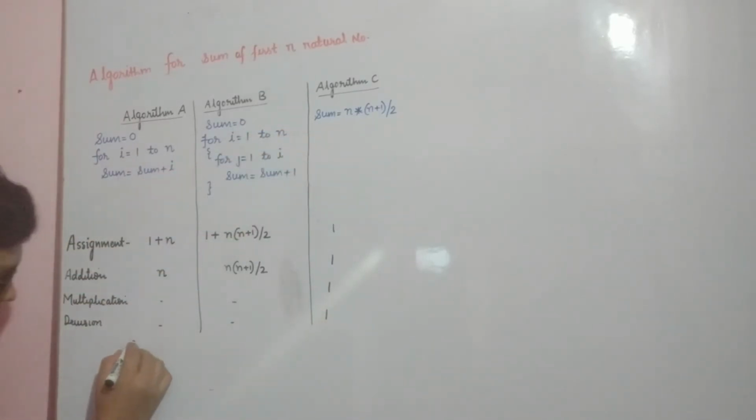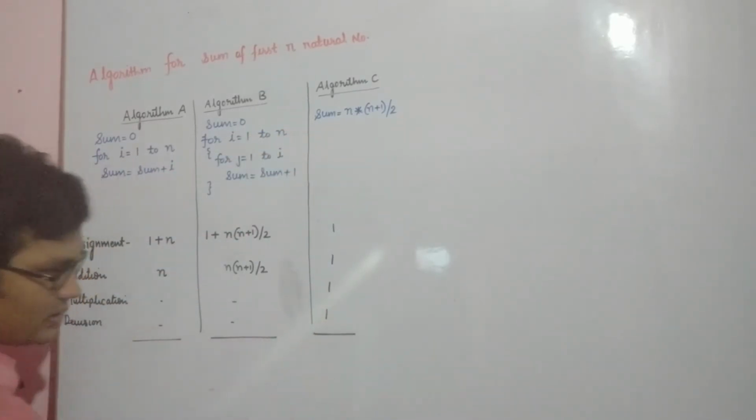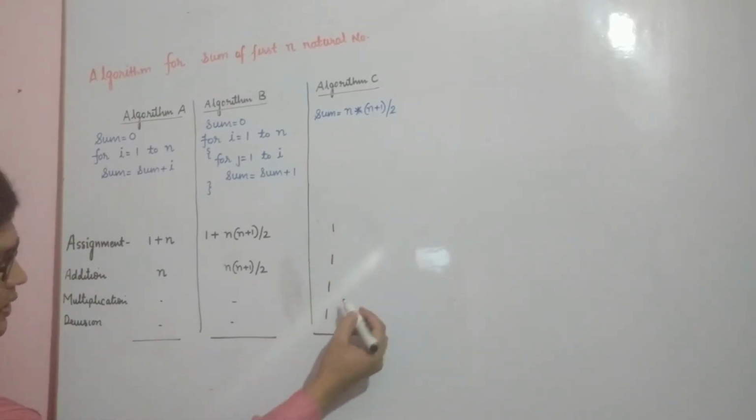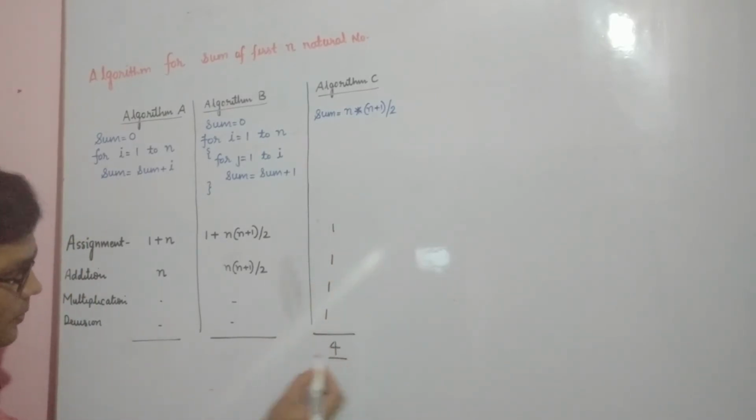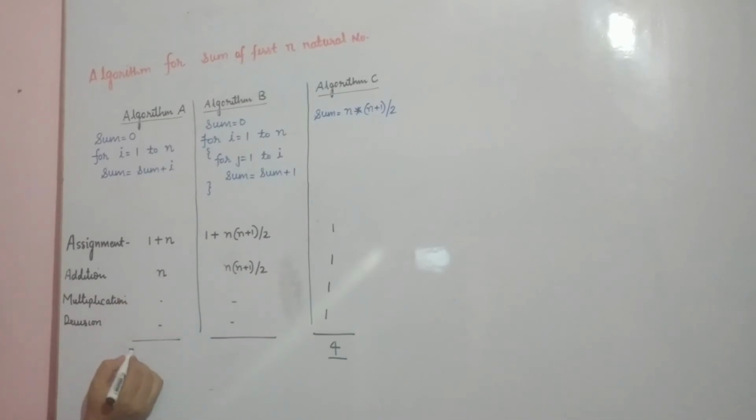Okay, now let me add this. Add. How many total number of operations? 4 operations. And in this case, how many total operations? n plus 1 plus n is equal to 2n plus 1. Right?